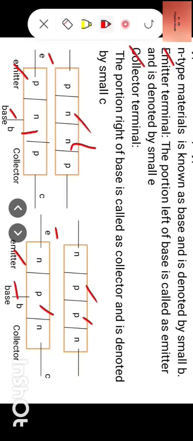The portion right of the base is called the collector and is denoted by C. This is how we have the terminals of a transistor. So it's a three-terminal device. We have three terminals, one for emitter, one for base, one for collector.